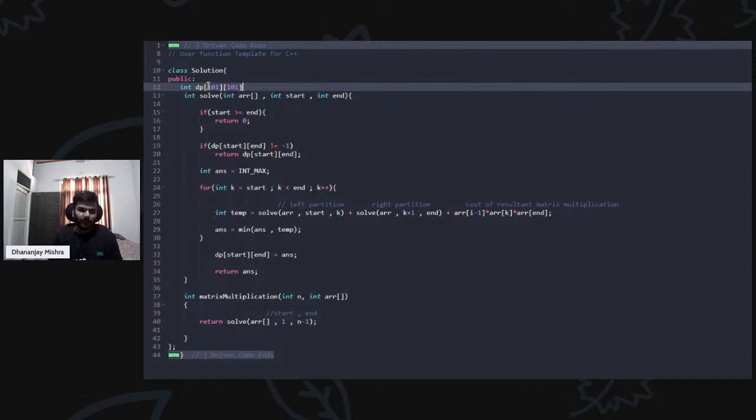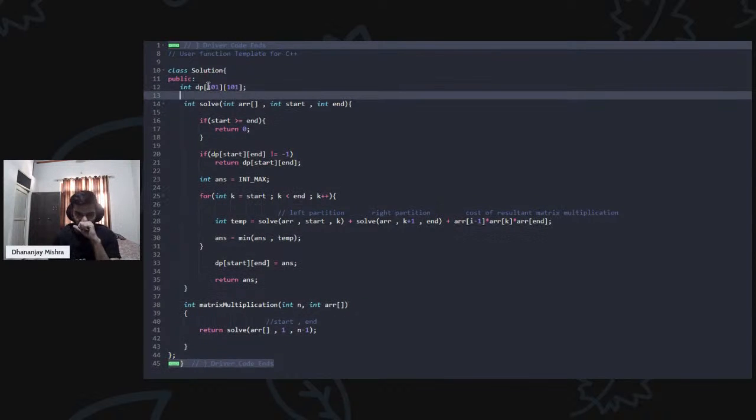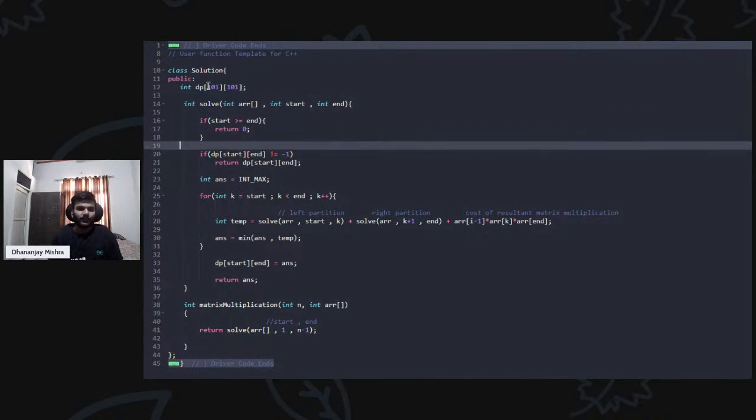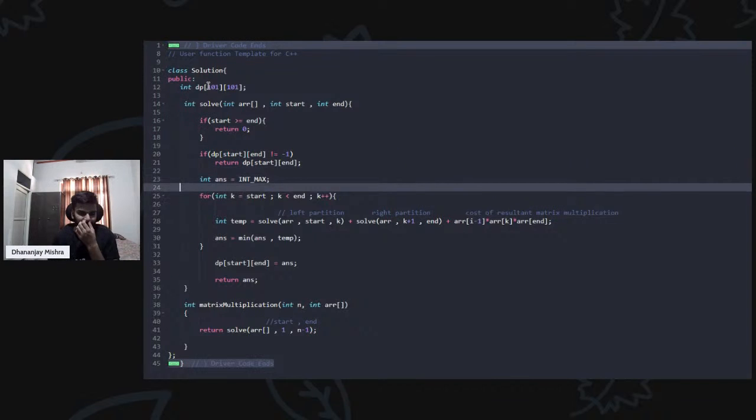So we will take 101, so it will cover all the edge cases. Once it is declared, we have to initialize it with -1, because -1 denotes that the answer is not computed for that particular range, right?